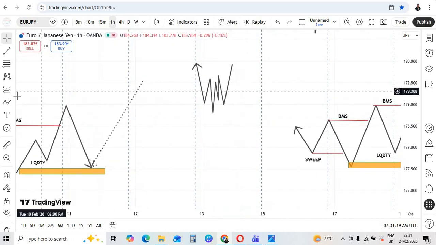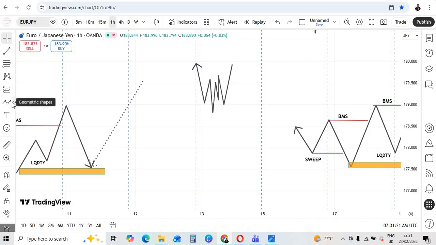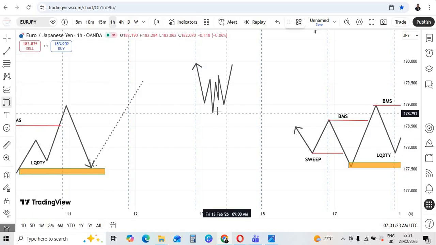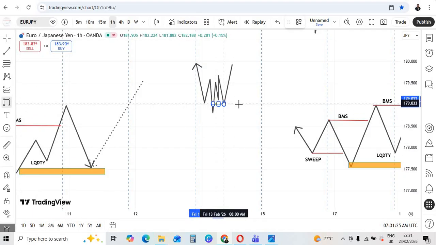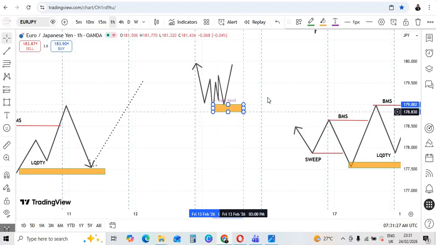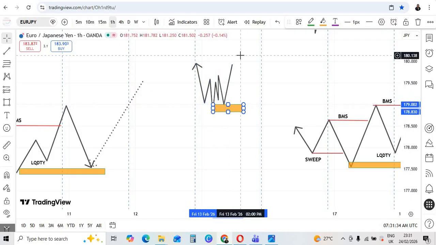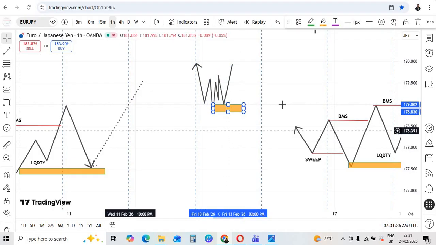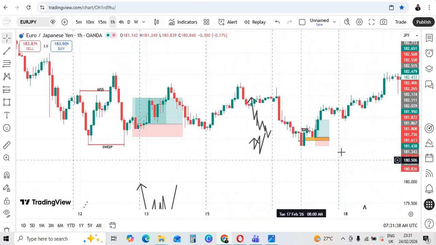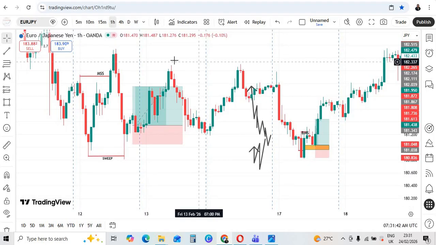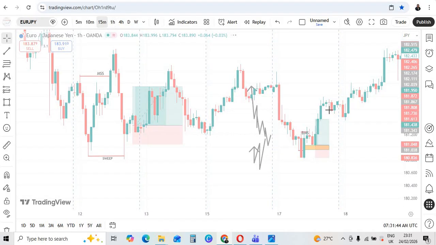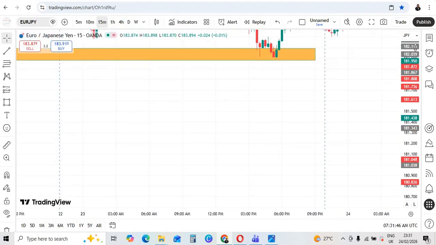You understand? Then you can see price coming down. Price came to this level. You can see price used this liquidity to fuel and go to the zone before going. And this was the same pattern I also used here. But it's not that clear on the 1 hour, so that was why we went down to 15 minutes.